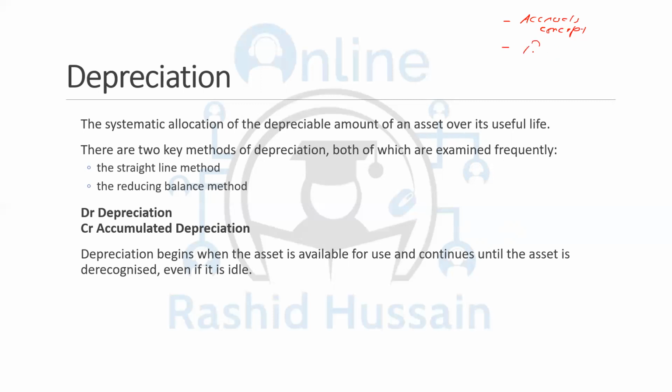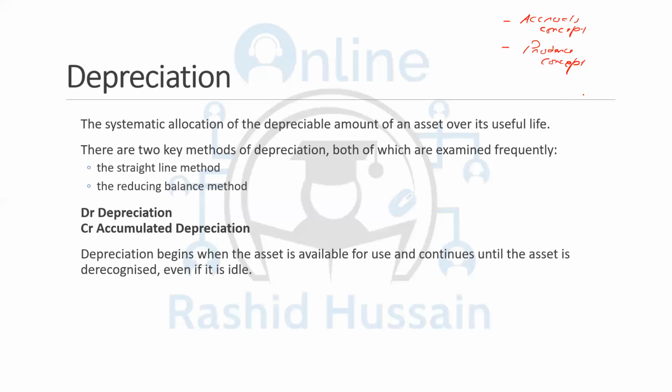And then there was the prudence concept, which says assets should not be overstated and liabilities should not be understated. Profit is recorded when earned and loss is immediately recognized.